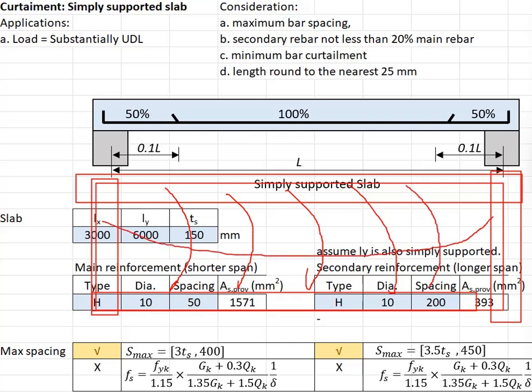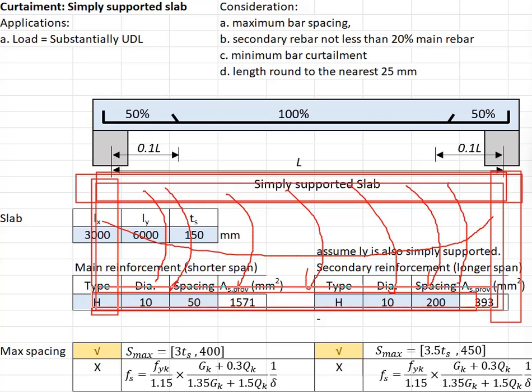It is easier to bend in the shorter direction as compared to the longer direction. Why is it so? Because in the longer direction you have a longer span to restrain the deformations.